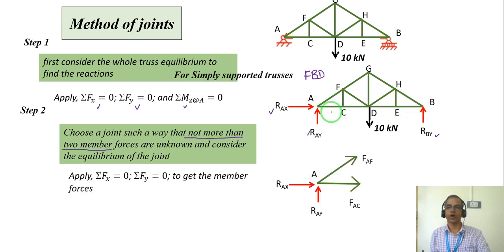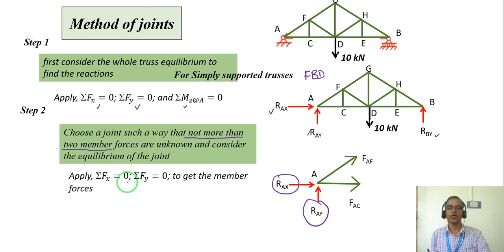Once I choose the joint, let us say this joint A, RAX is already found out, RAY is already found out. So now I am left with only 2 members. These are concurrent forces, so reaction and member forces are both concurrent.